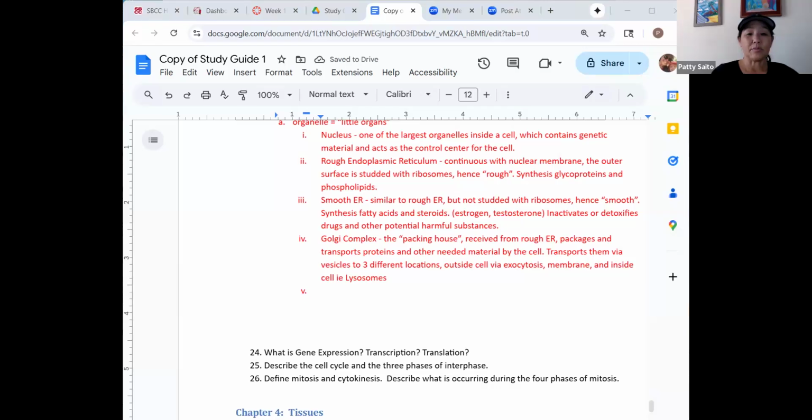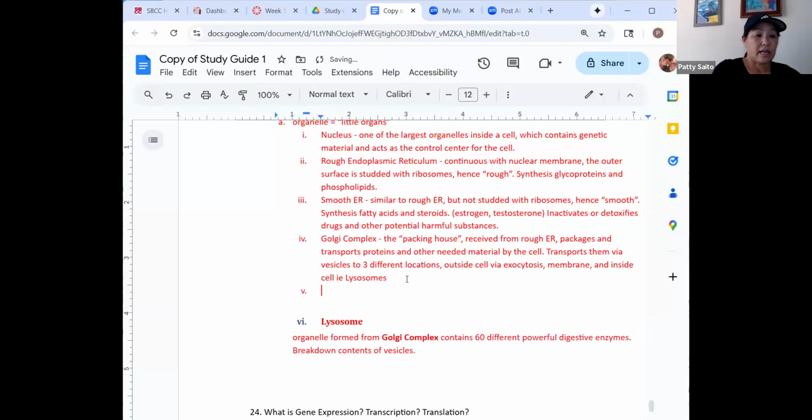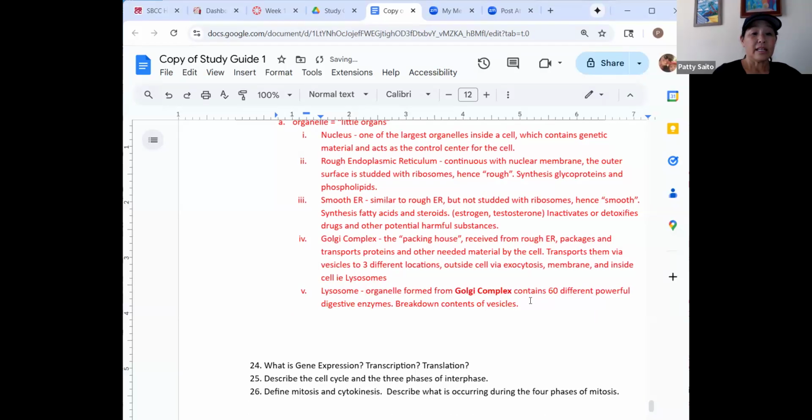Okay, let's see what's next. The lysosome, and I've mentioned this really briefly, is another organelle that contains digestive enzymes. So it's kind of the digestive system of the cell. It's got 60 different enzymes in there.